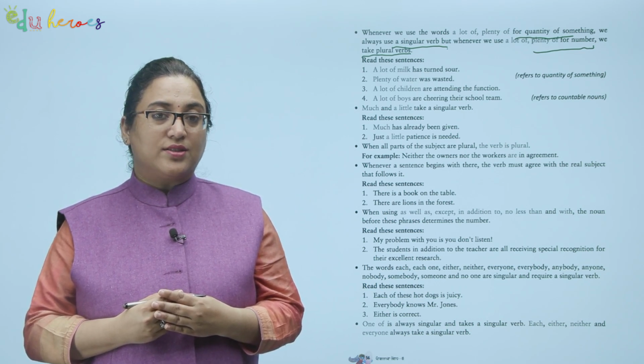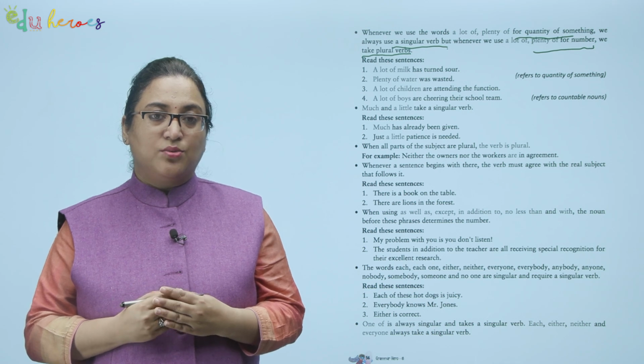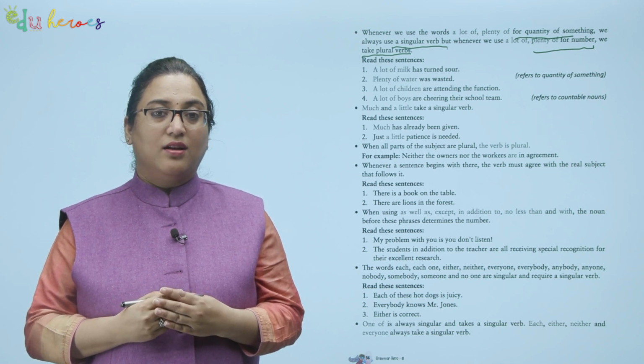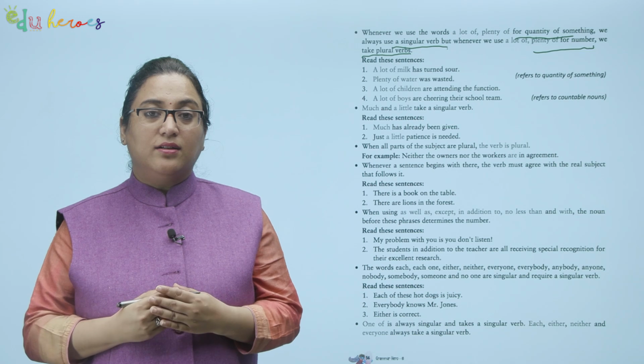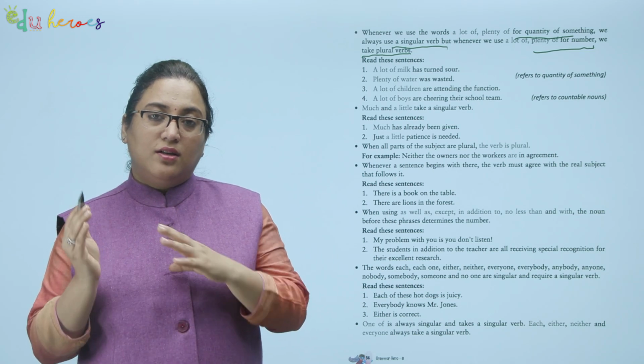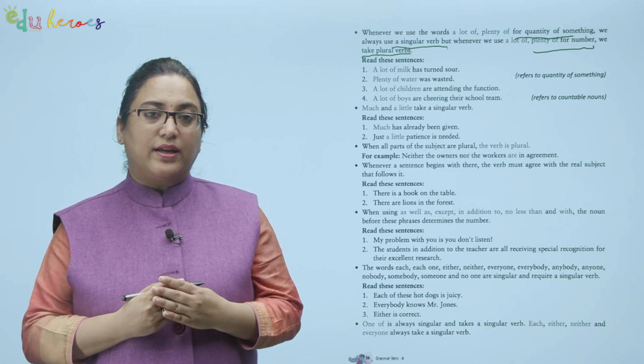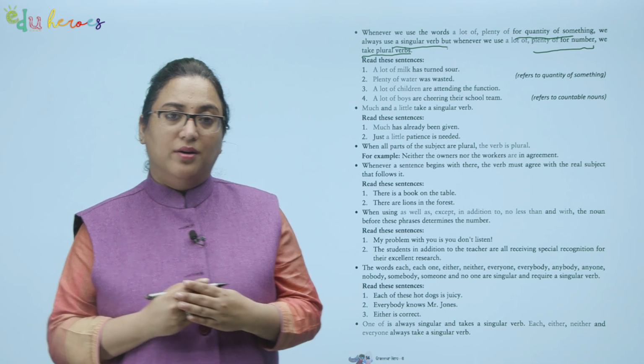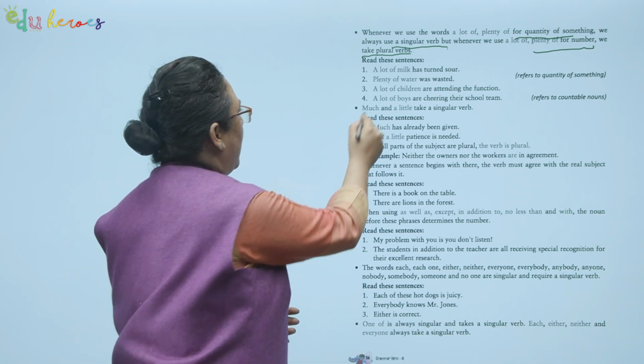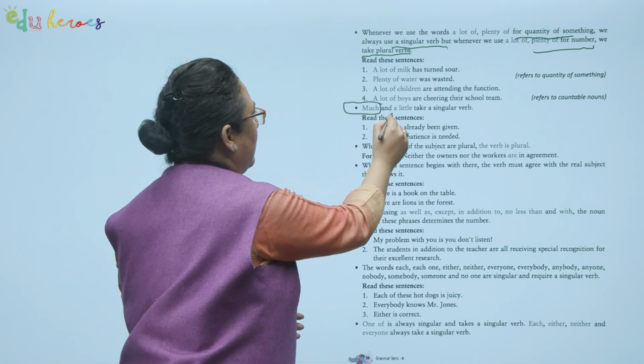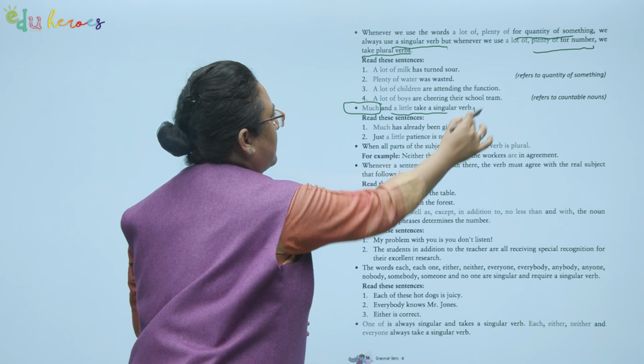Now another interesting aspect is the usage of much and little. Much and a little take a singular verb. So these are slight separate exceptions that you have to remember. So we have much and a little. Both take a singular verb.